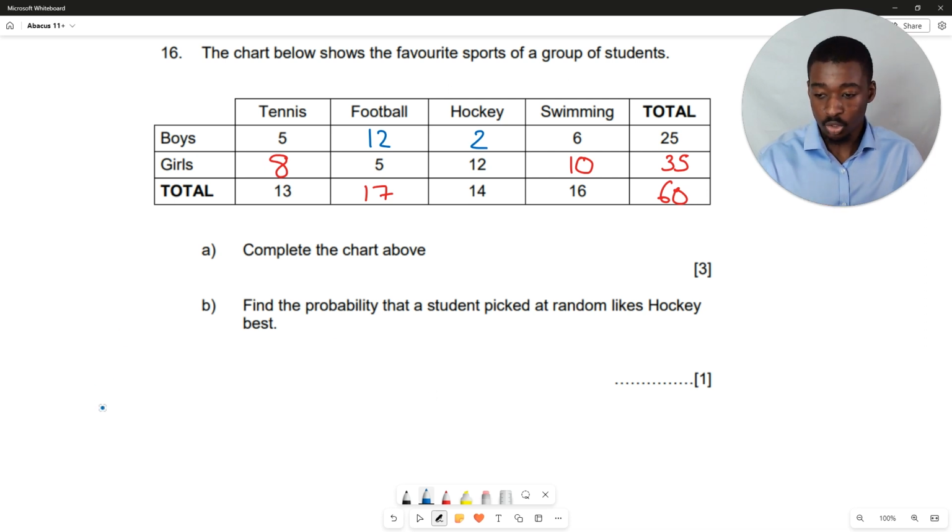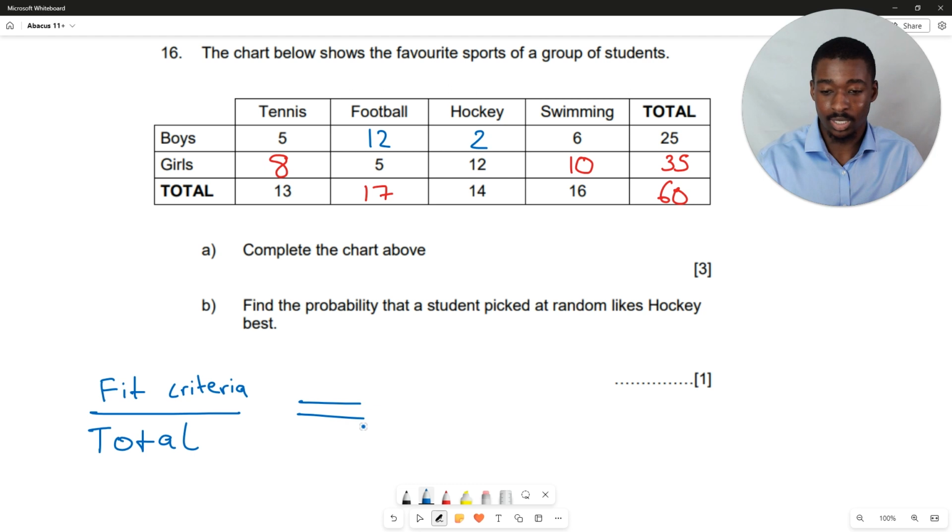So to work out this probability, we take the total number that fit our criteria over the overall total. And if we do that correctly, we should come out with the correct probability. So let's try and use this framework.